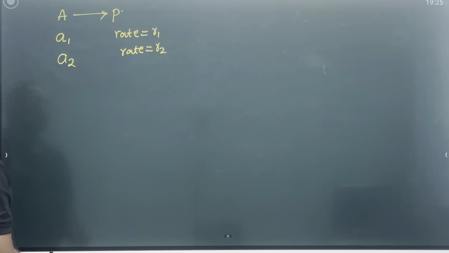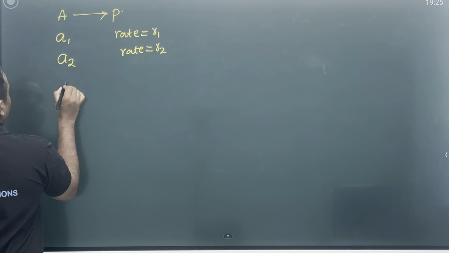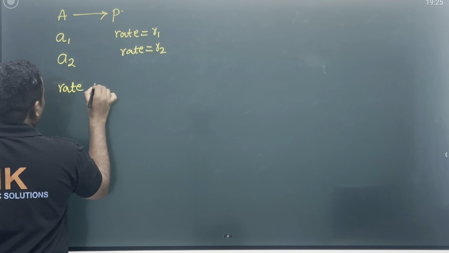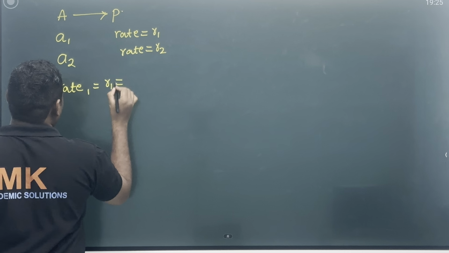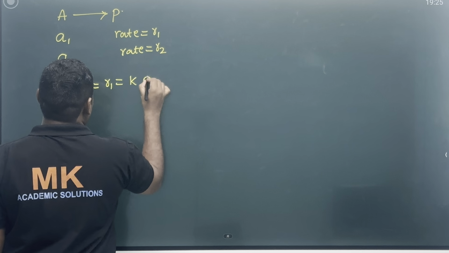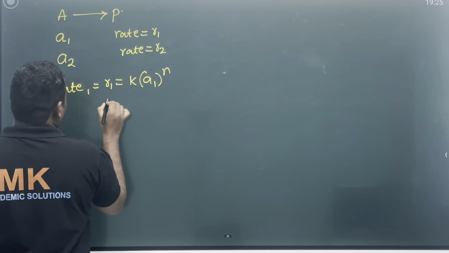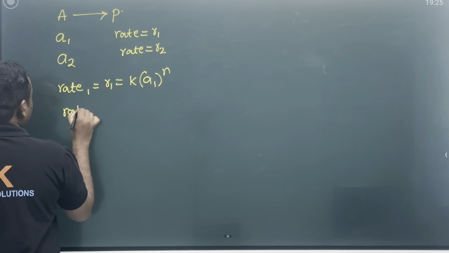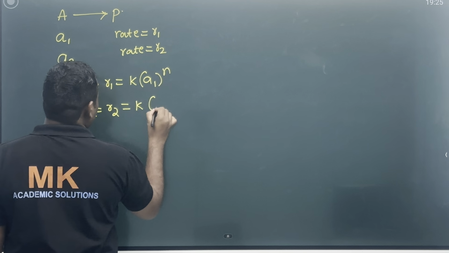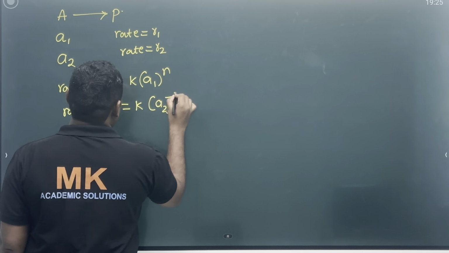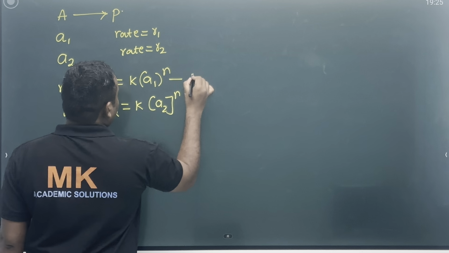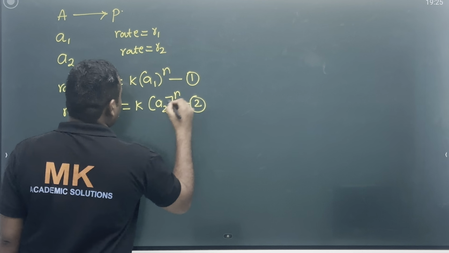Okay, so here we already know rate 1, R1, is equal to K into A1 power n, and rate 2, R2, is equal to K into A2 power n. Now let us consider this as equation 1 and this as equation number 2.